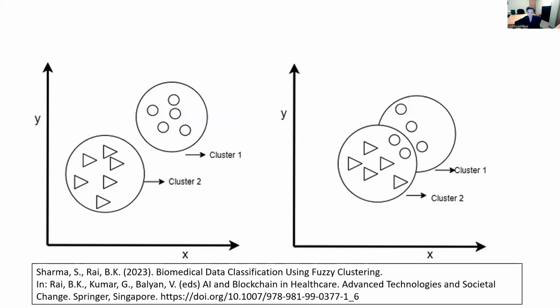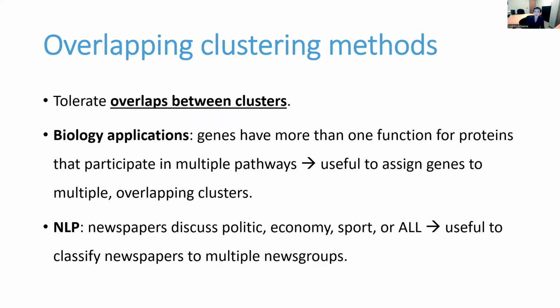Most clustering algorithms identify mutually exclusive groups of data, but sometimes overlaps between clusters can explain hidden structure in the observed data better. So now I will briefly mention overlapping clustering methods that tolerate overlaps between clusters.